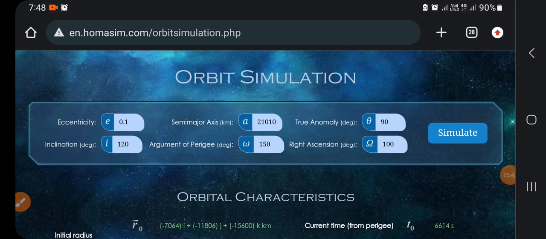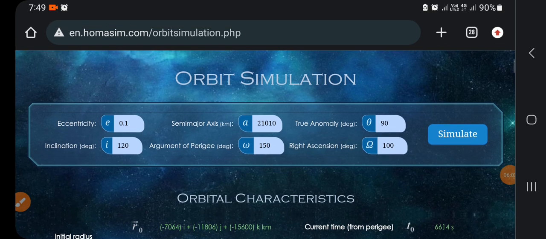Let us discuss the orbital simulation tool. As we discussed earlier, we have these parameters: eccentricity, semi-major axis, true anomaly, inclination, argument of perigee, and then right ascension in degrees.